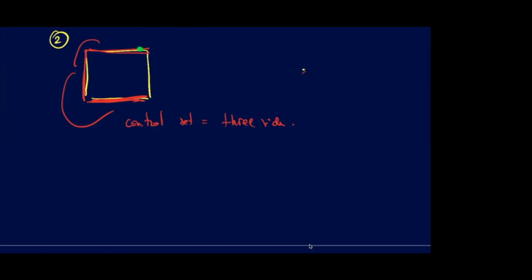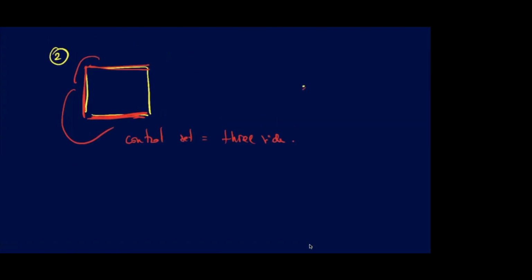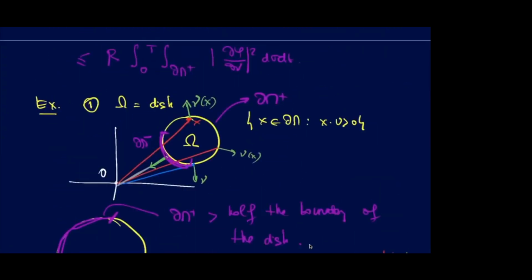Because here I am simply decomposing the boundary into the region where the rays are incoming and the region where the rays are outgoing, right? This is the distinction. In order to determine whether x·ν is positive or negative, you simply draw the ray joining 0 and x, and you check whether it's coming in or coming out, right?